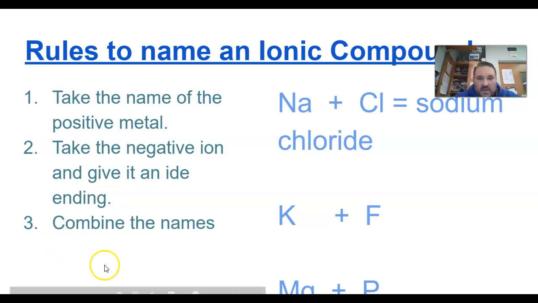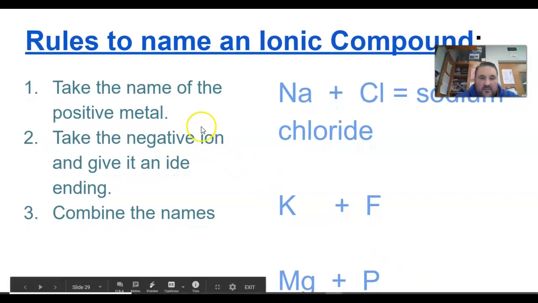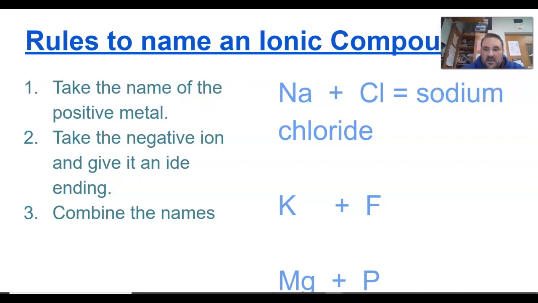Okay, when we're naming ionic compounds, you take the name of the metal, that's your positive, by itself, and then you take the negative ion. To that ion you add IDE, so sodium plus chlorine. Well, we drop the ending and add IDE, it becomes sodium chloride. So let's try a couple here.